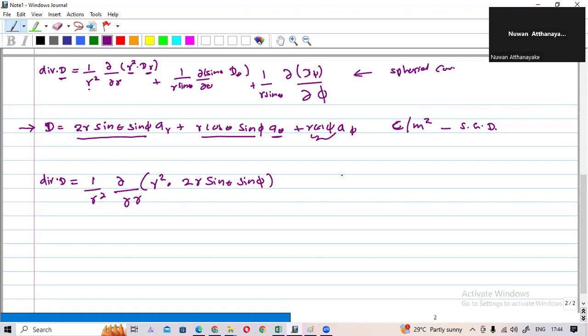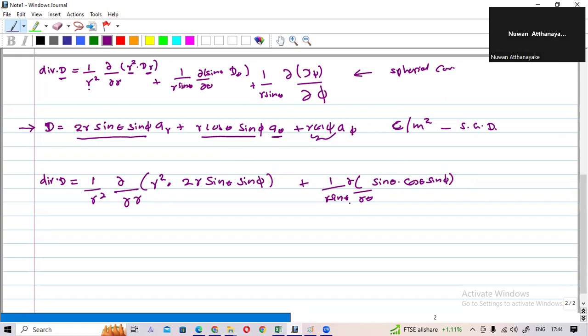Then plus 1 over r sine theta, del by del theta of sine theta times D_theta, that is cos theta sine phi.